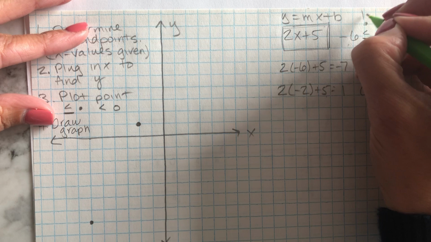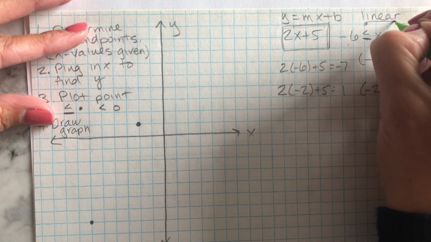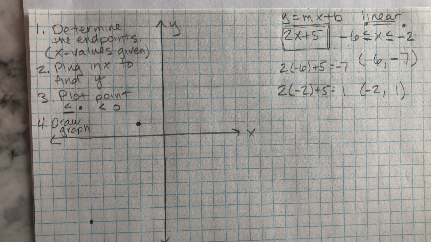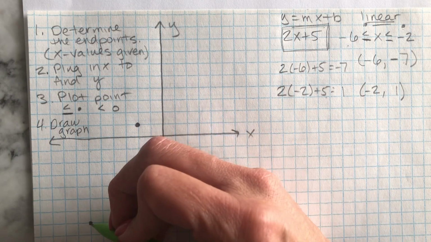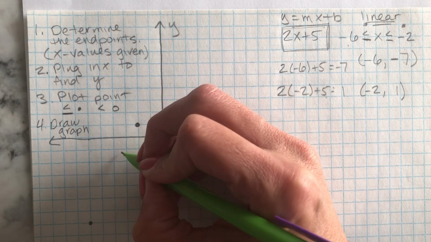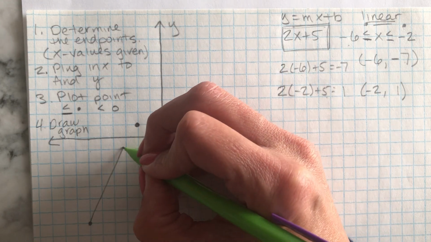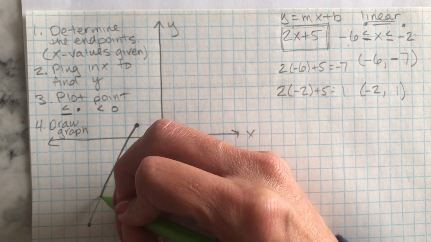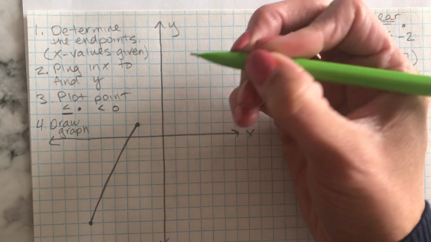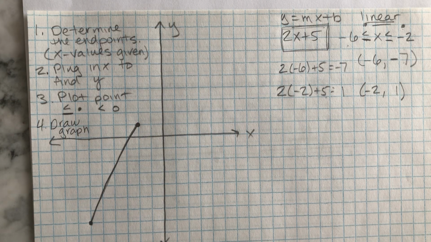That is a linear function, which makes a line, just a straight line. So I'll just connect these. Since I know it's a straight line, it's just going to be a straight line from one point to the other. And then we're done with that piece.